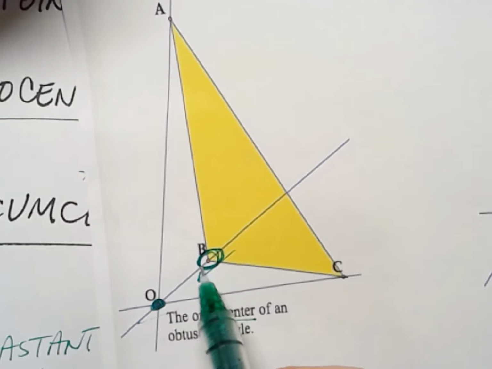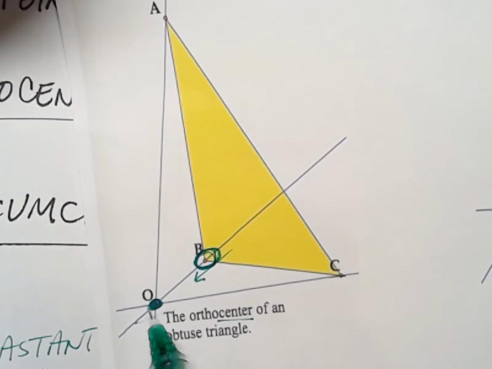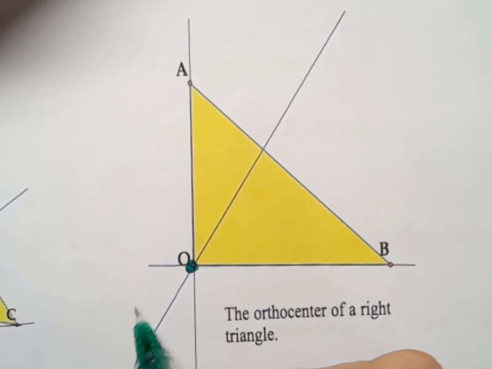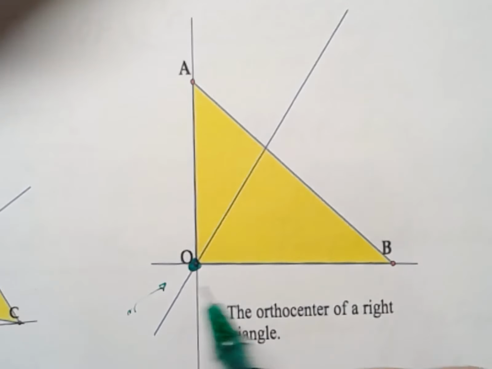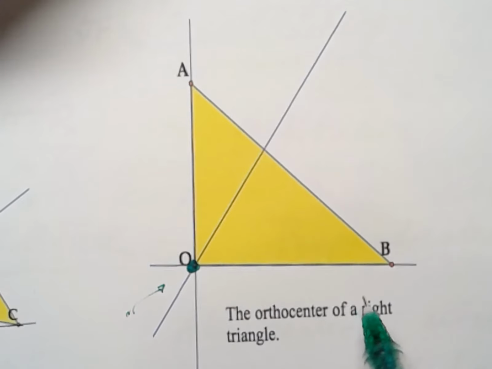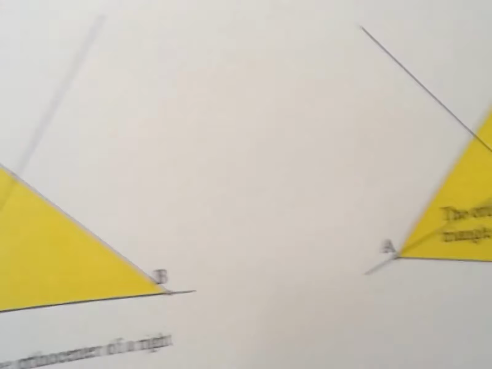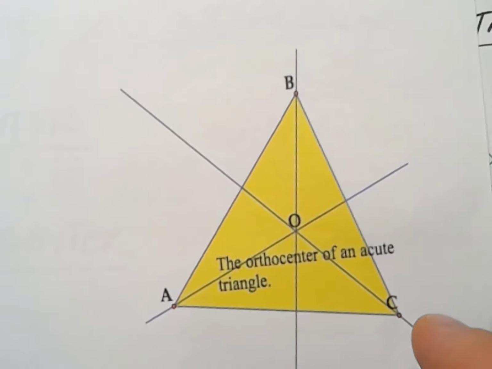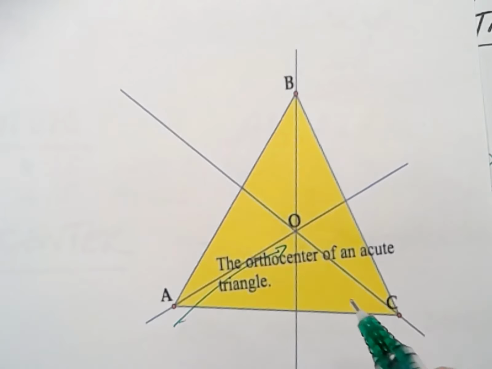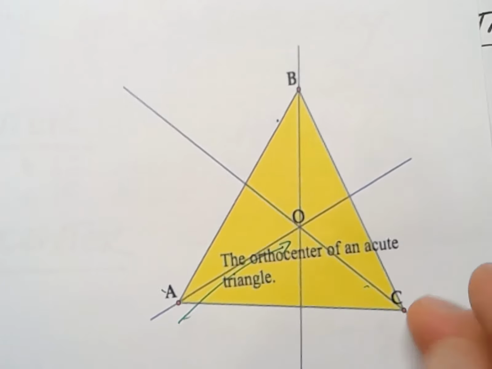So for an obtuse, of course, you can only have one obtuse angle, so it's going to be beyond the obtuse. Notice it was out here and it's kind of shrunk back in a little bit. So for a right triangle, the orthocenter is right on that 90-degree angle. And for an acute triangle, everything is playing business as usual, as you would expect, and so it has shrunk all the way back inside the triangle because all of the angles are nice and acute.